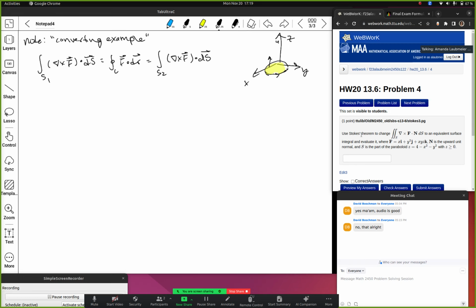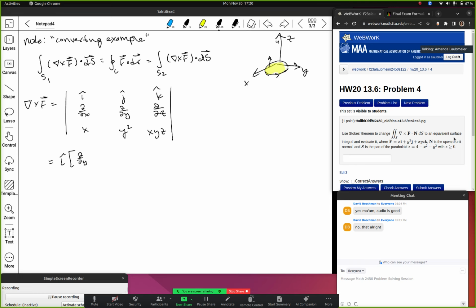So no matter what, we're going to have to take that curl, so let's go ahead and do that first. I need my d/dx, d/dy, and d/dz. And then it's x, y squared, xyz. So I'm going to have i hat times d/dy of xyz minus d/dz of y squared.